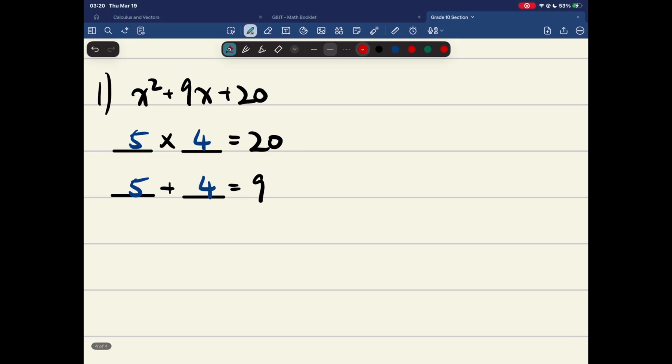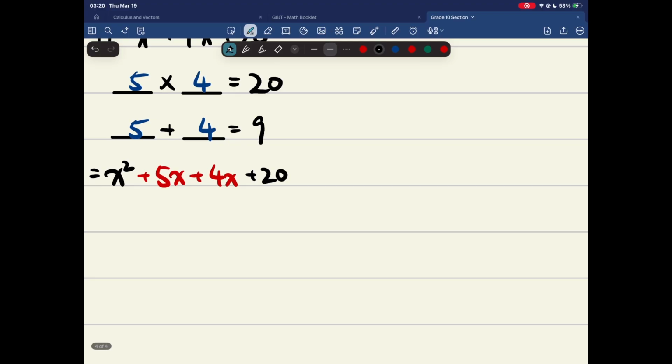And same thing, you can expand the terms. It will equal x squared plus 5x plus 4x plus 20. And after that, you can factor the terms out.